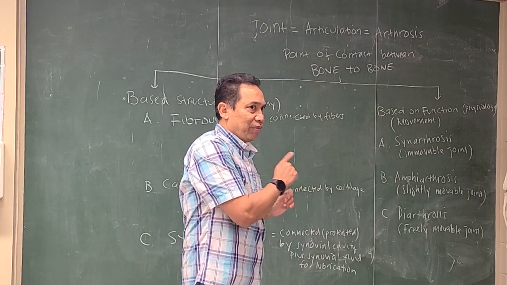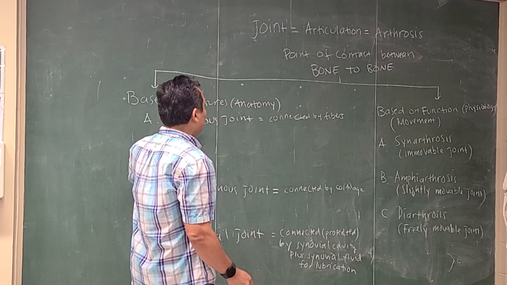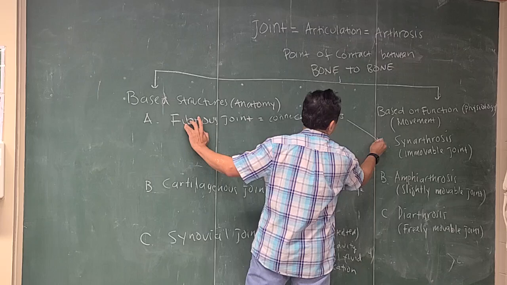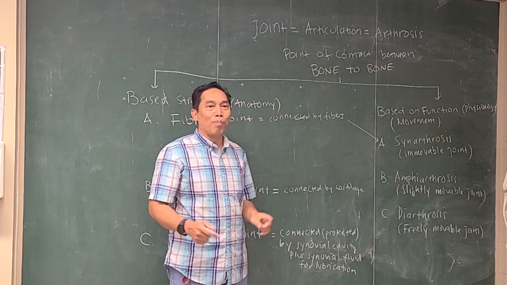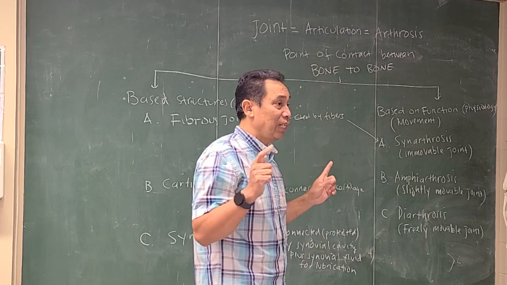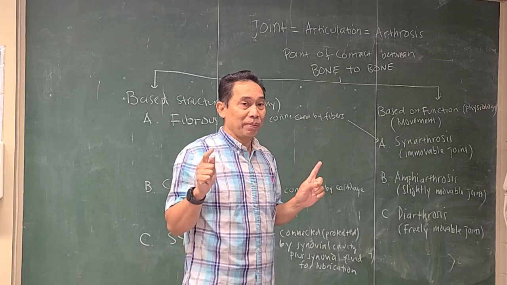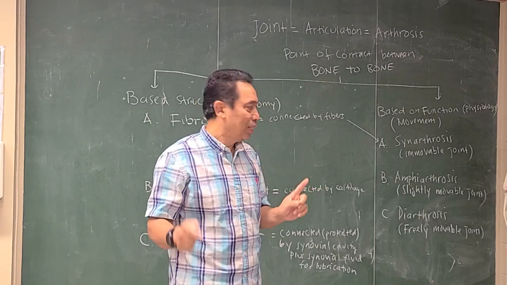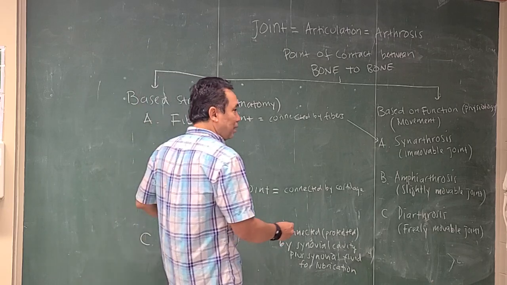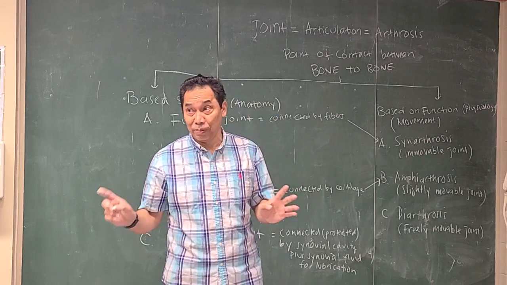Do you have a question first for this one? No. Basically, most of the fibrous joints are what? Synarthrosis. So the majority of fibrous joints will be synarthrosis, immovable. Most of the cartilaginous joints, it's not all of them, okay? Remember, just most.